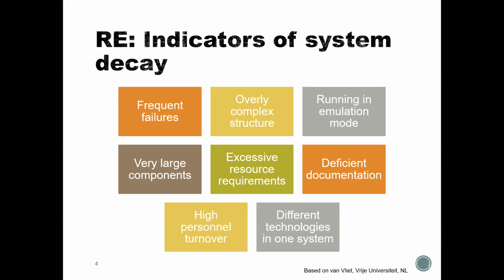So there are eight different parameters, or the indicators based on which we can say a system degrades or a system decay starts. Basically, a system decay is a slow degradation process of software quality over time, and the response which we expect from the software, you're not going to get the same response after a certain period of time, which will eventually lead to the software becoming faulty, unusable, or maybe at that particular time it needs an upgrade.